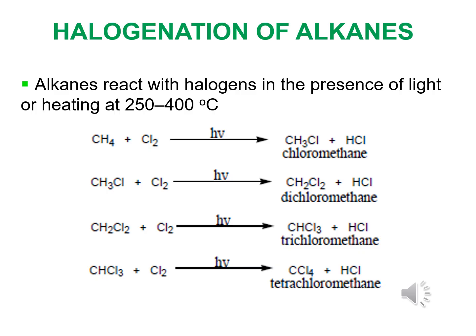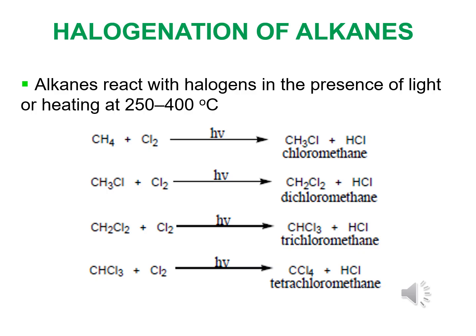So it will continue until all the hydrogens are replaced with halogen. That's why at the end we're going to form tetrachloromethane, which means all the hydrogen in methane has been replaced with chlorine.